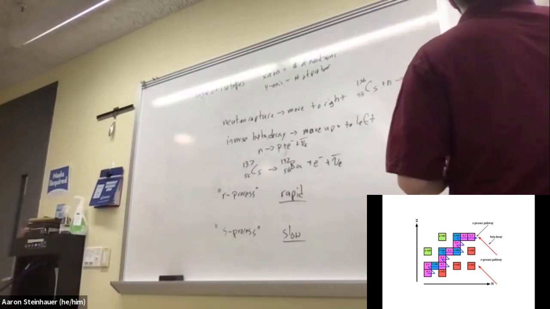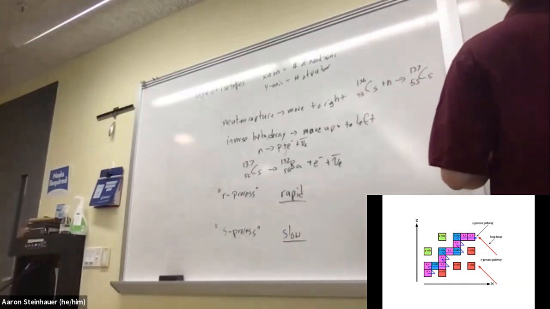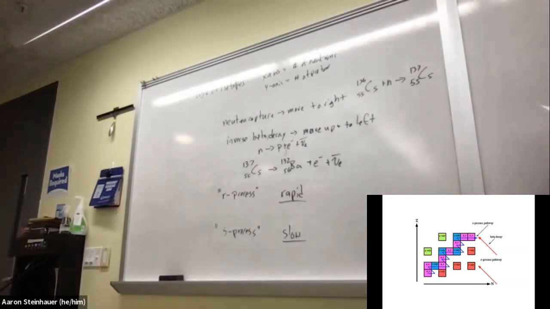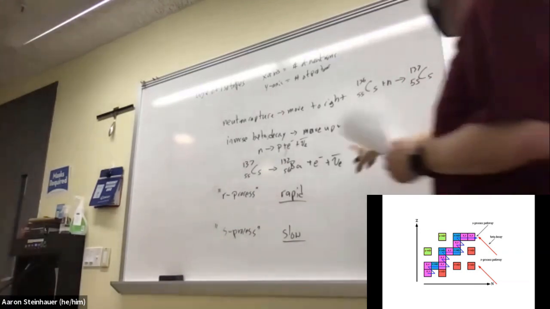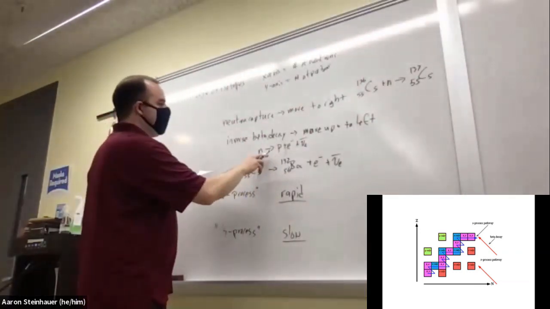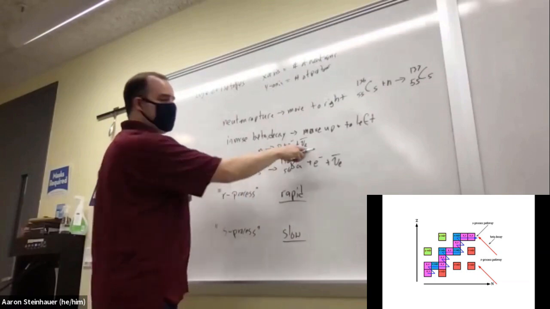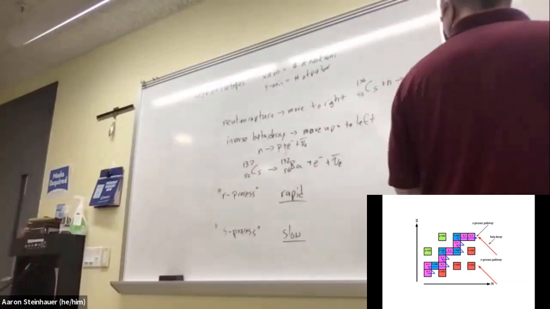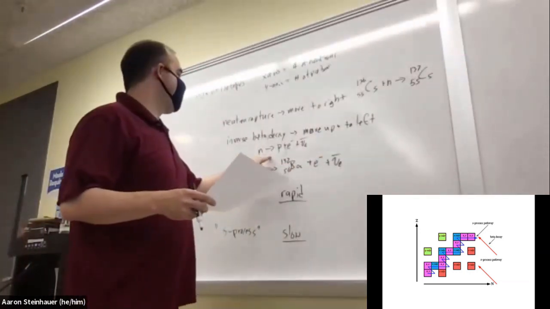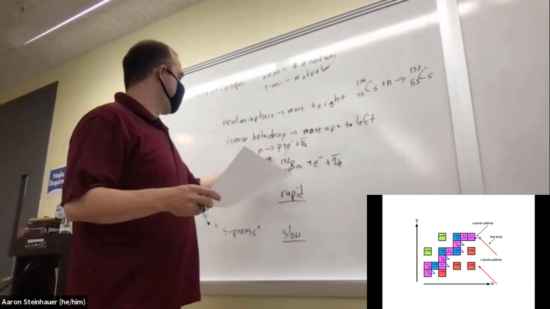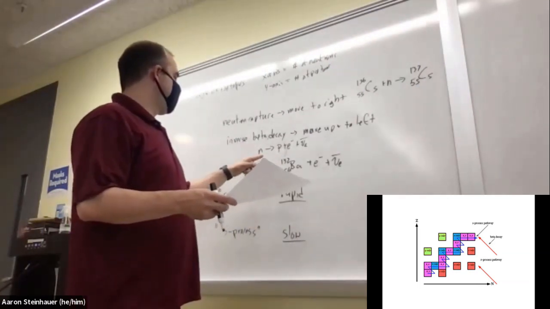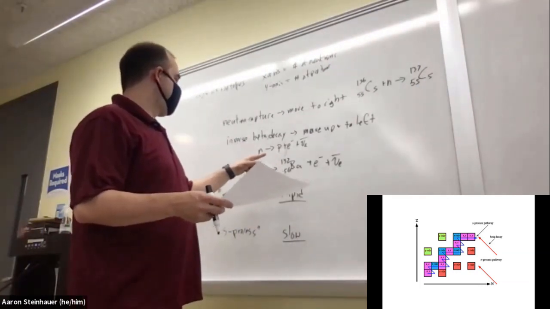For the S process, beta decay must occur, which is the opposite of inverse beta decay, where a proton combines with an electron to make a neutron plus a neutrino. Well, actually, a proton decays into a neutrino plus a positron.